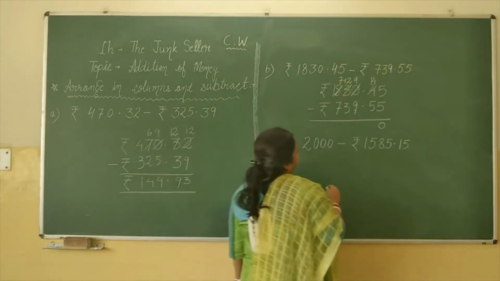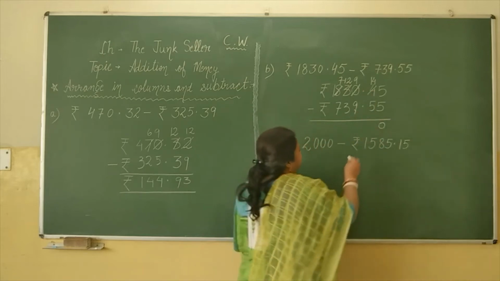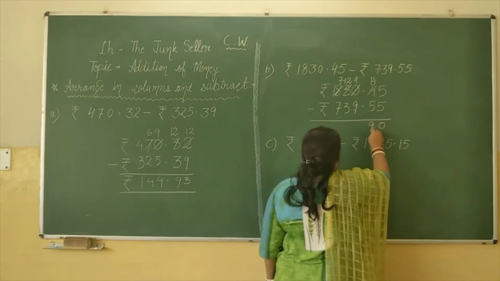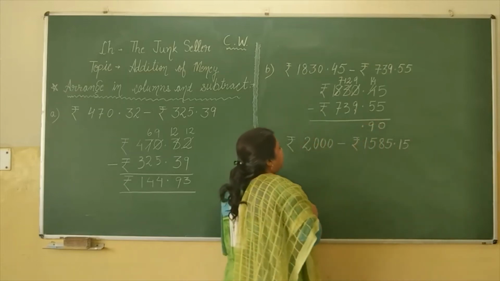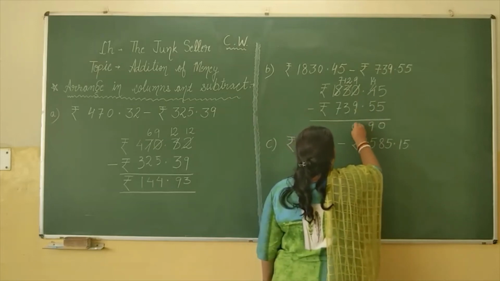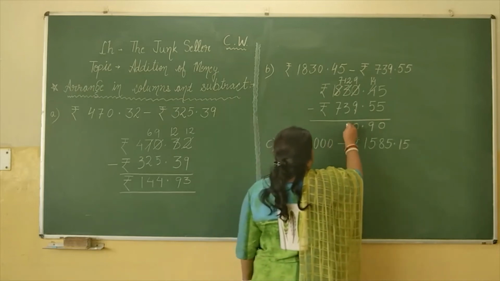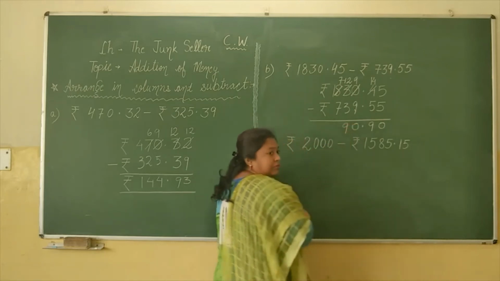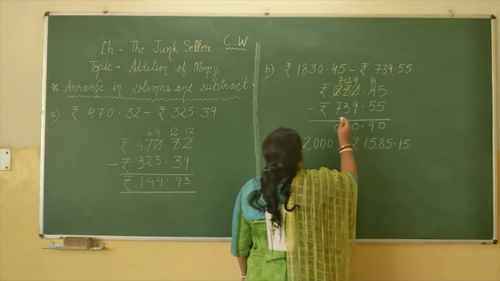Okay dear children, now let's subtract. 14 minus 5 is 9. Here we get the point below the point. Now 9 minus 9 is 0. Okay dear children, 12 minus 3 is again 9. Then we get 7 minus 7, 0 again.